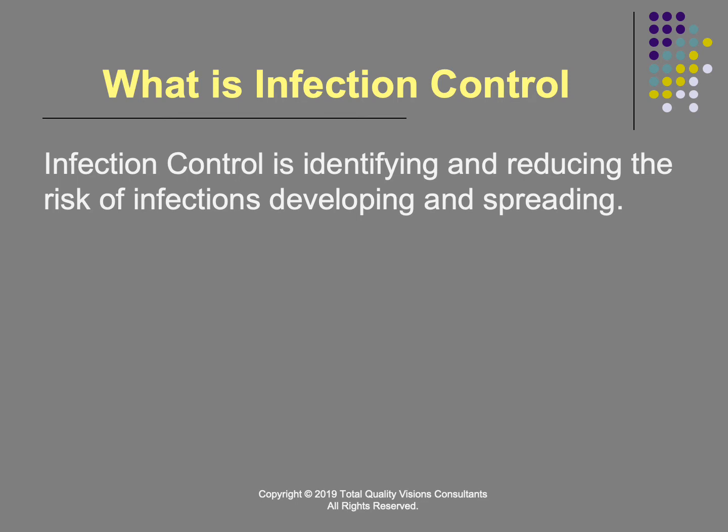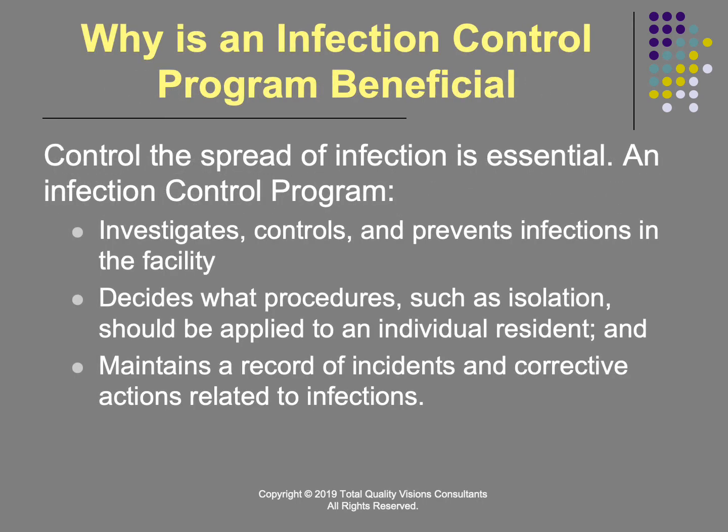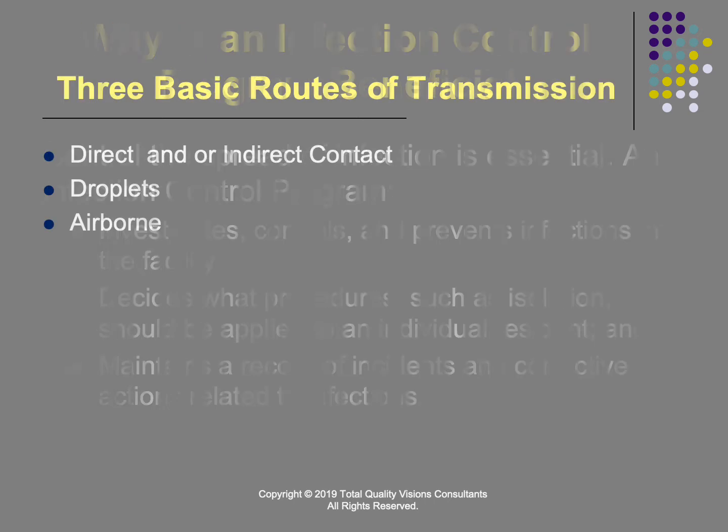Infection control is identifying and reducing the risk of infections developing and spreading. An infection control program investigates, controls, and prevents infections in the facility, decides what procedures such as an isolation should be applied to the individual resident, and maintains a record of incidents and corrective actions applied to infections.